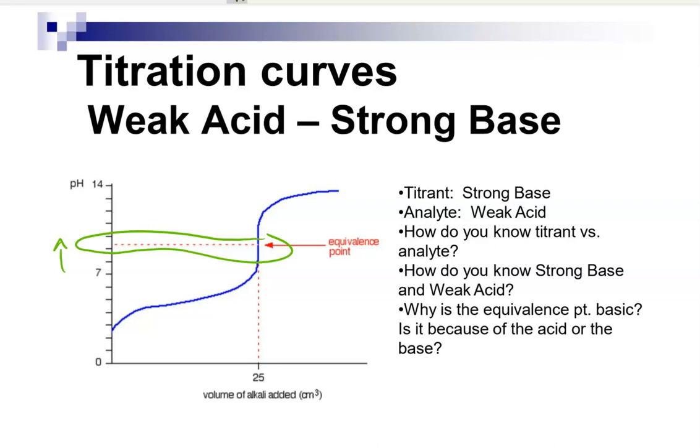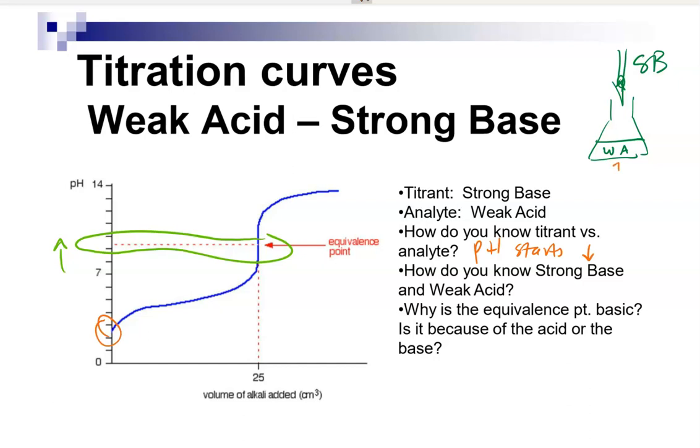So let's look through these questions over here. The first question says that the titrant, so the thing that we have in our burette up here, is a strong base. And then the thing that we have in the analyte is a weak acid. First of all, we know that the titrant is a base and the analyte is an acid because the pH starts low. All right, we have a low pH to begin with.